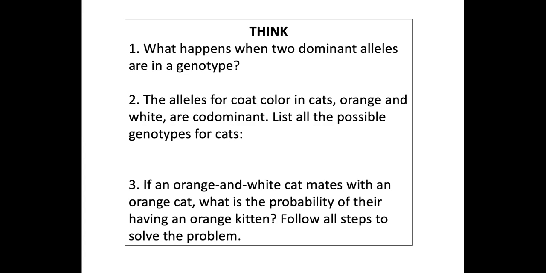Okay. All right. Last, if an orange and white cat mates with an orange cat, what's the probability of their having an orange kitten? So what do we gotta do? Identify the alleles, which are orange, white. O, W, so O is what?